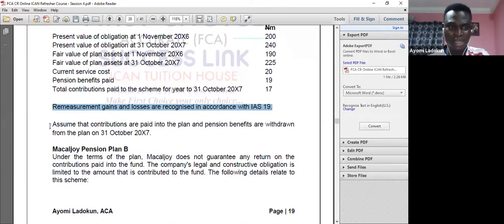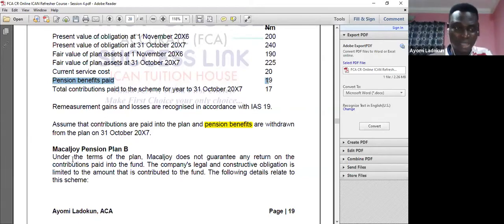Now it says, assume that contributions paid into the plan and pension benefits are withdrawn. So here, the examiner wants me to do something with the pension benefits. That means when I'm preparing my account, I need to take account of this pension paid. That's why I was emphasizing it earlier on.